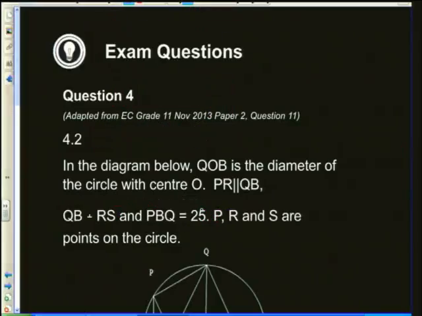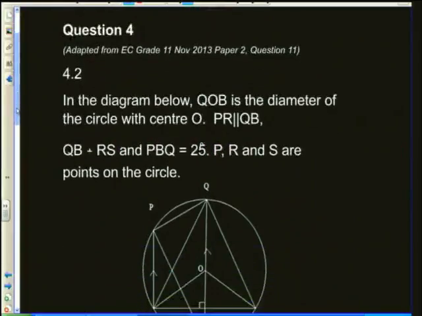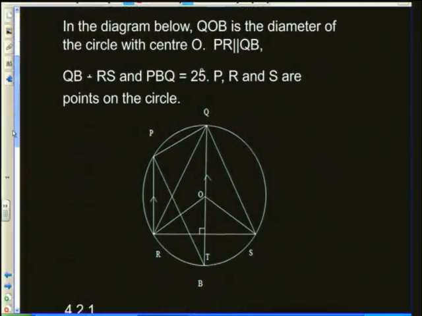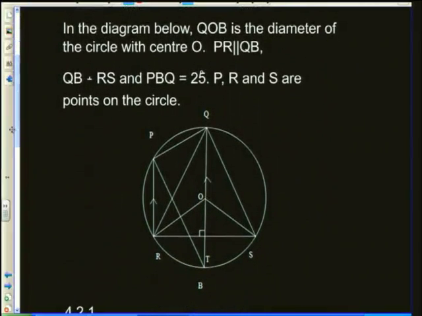Right. Let's look at the next bit quickly. Again, it's a Euclidean geometry question. In the diagram below, they say QOB is the diameter of the circle with center O. PR is parallel to QB, and they say that QB is perpendicular to RS, as you can see there, and angle PBQ is equal to 25 degrees, so that's that bit there.